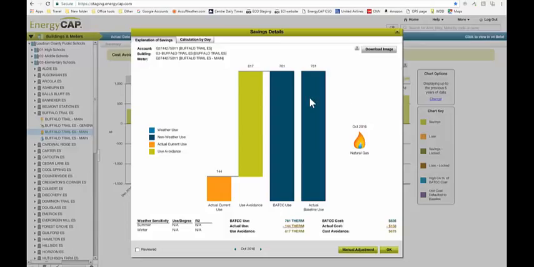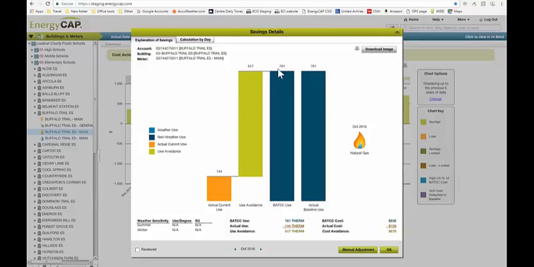So we took the raw baseline and we adjusted it. Now notice that they're the same because there was nothing to adjust it for in this case. It's a month of October. There was no weather adjustment, no special adjustments in play, and no floor area change. So there was no reason to make an adjustment, and the adjusted baseline is the same as the raw baseline.